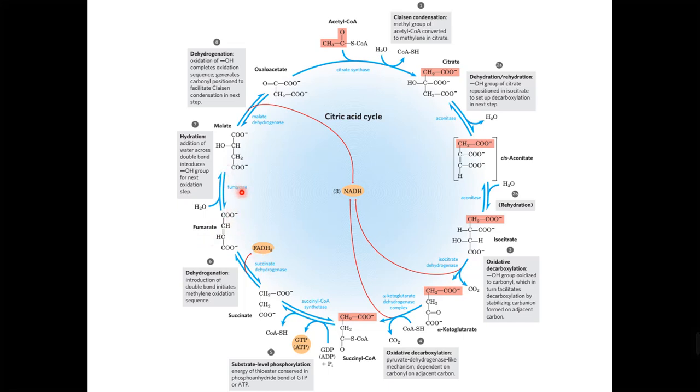And in the next enzyme, the seventh enzyme, fumarase, utilizes a water molecule. This is a reversible reaction, and it forms malate. Water molecule consists of H and OH.